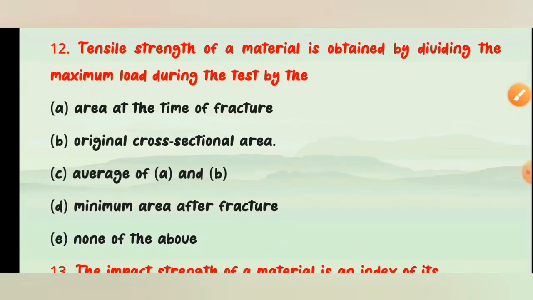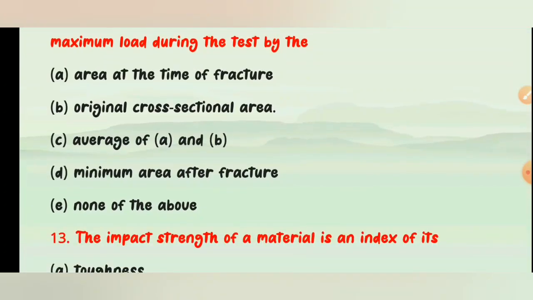Next, tensile strength of a material is obtained by dividing the maximum load during the test. Tensile strength is defined as the ratio of maximum load to original cross-sectional area. So option B is the correct answer.